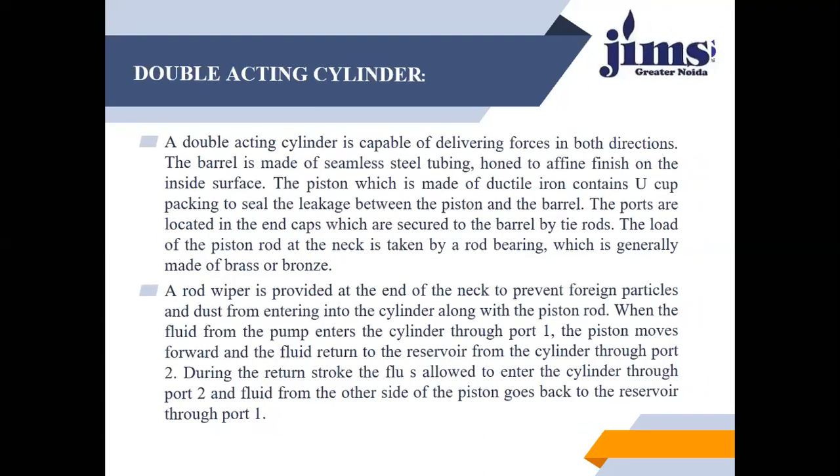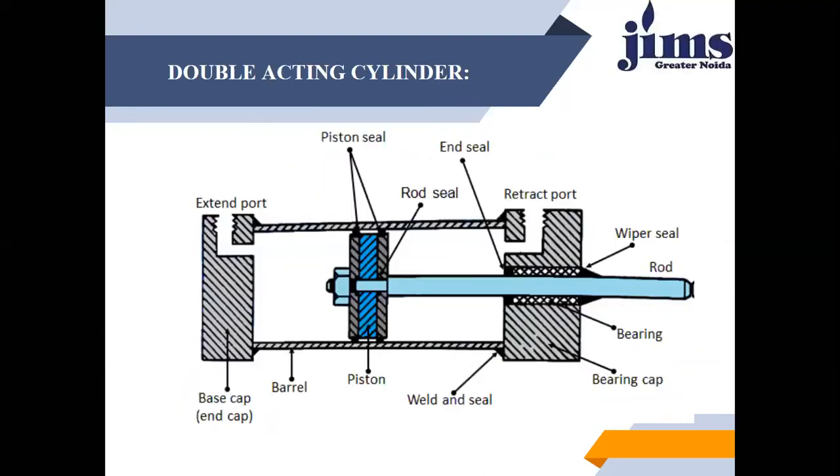If you see the diagram, this is the barrel, and this is the piston cylinder assembly. And this is the wiper seal, so that leakage will not take place. And these are the bearing caps.